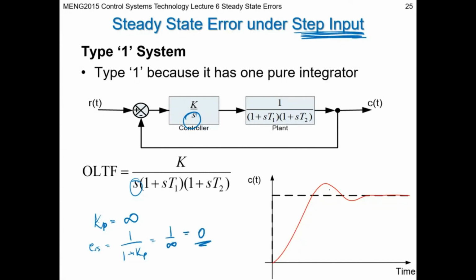So as expected, our response comes up like this and settles to the set point, to the unit step input, whatever your input is, without any errors at all.